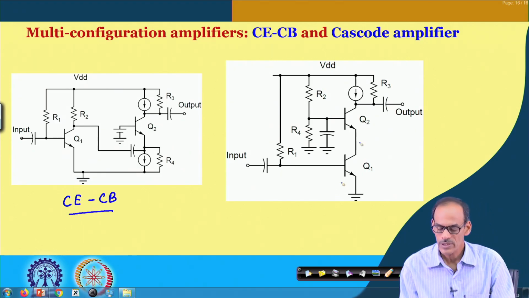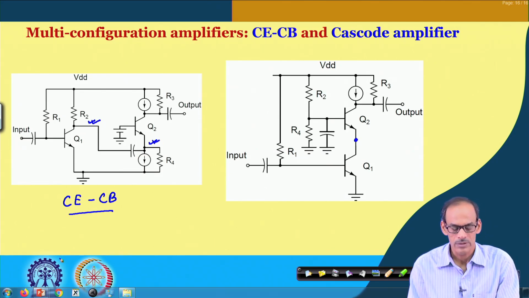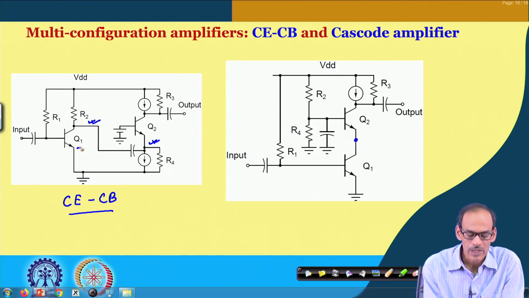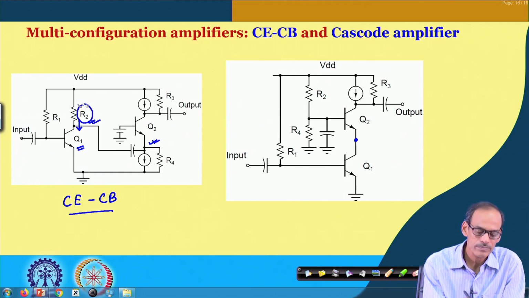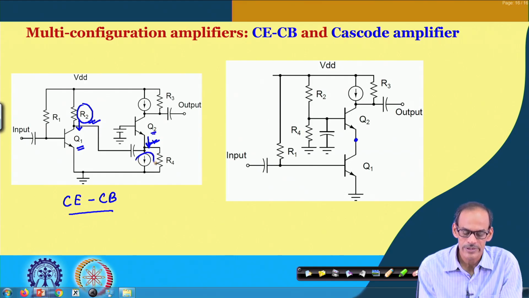whereas if you see here Q1, whatever DC voltage you have here may be useful. I should not say DC voltage, rather I should say the current. If you see Q1, it requires its collector current, and that current is supplied by this R2. On the other hand, the DC emitter current of Q2 needs to be consumed by this circuit.